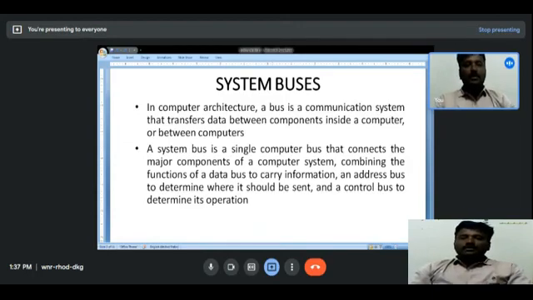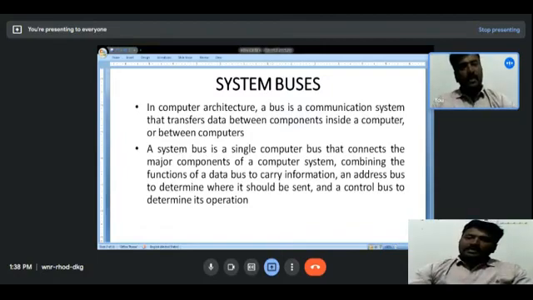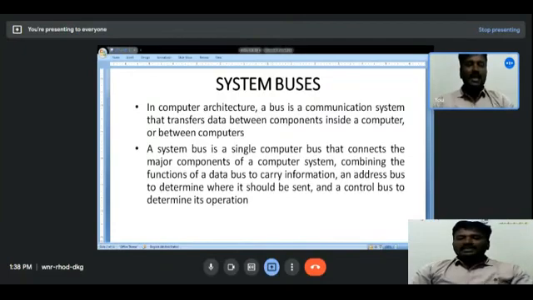The address bus is used to determine where the data is stored and where the particular data is retrieved. So these form the system buses. Next one is the control bus. The control bus involves the transfer of control information, such as read, write, update, and such kinds of operations, from one part of a computer to another.